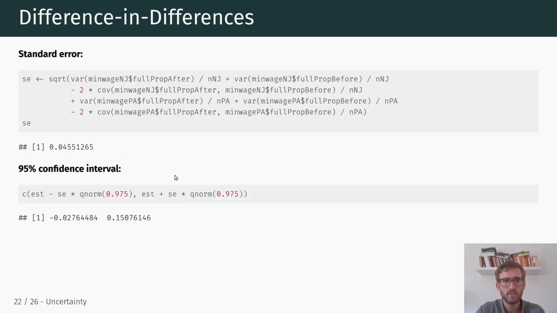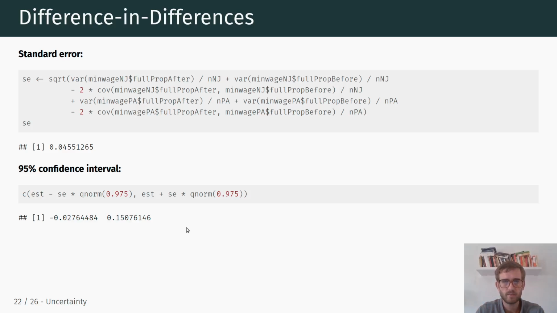So again, computing these confidence intervals, we see that they range between minus 0.02 and 0.15. So again, all these point estimates were positive, indicating a positive effect of the minimum wage increase on full employment, but taking into account the uncertainty around those estimates, we cannot confidently conclude that this treatment effect is actually different from 0.